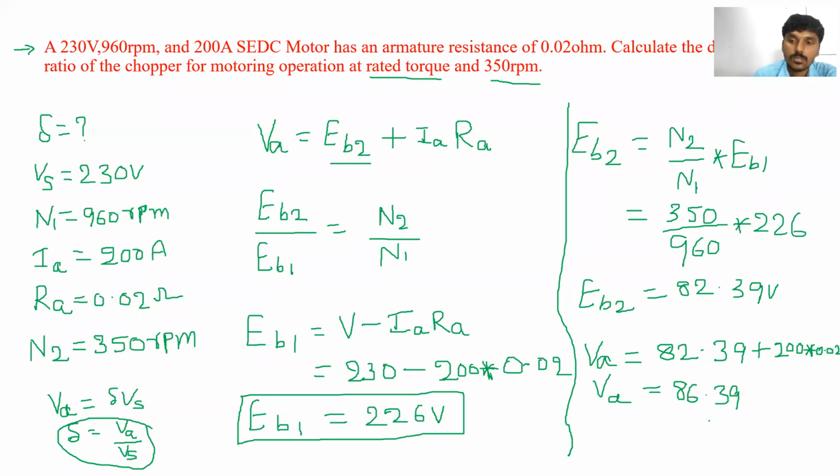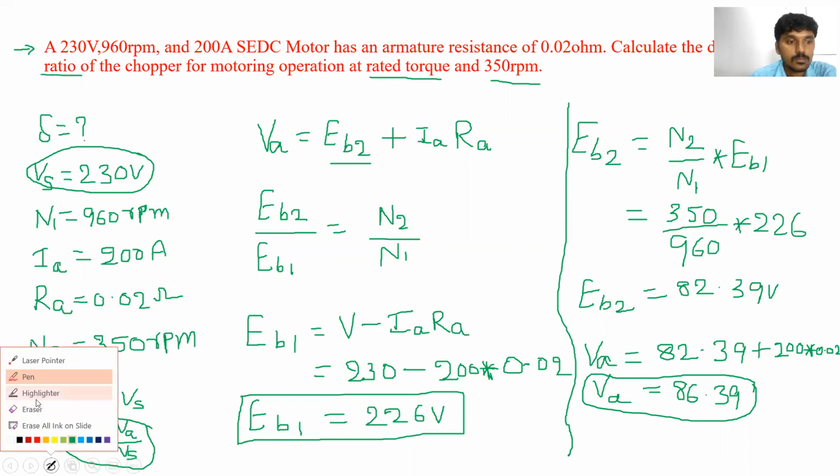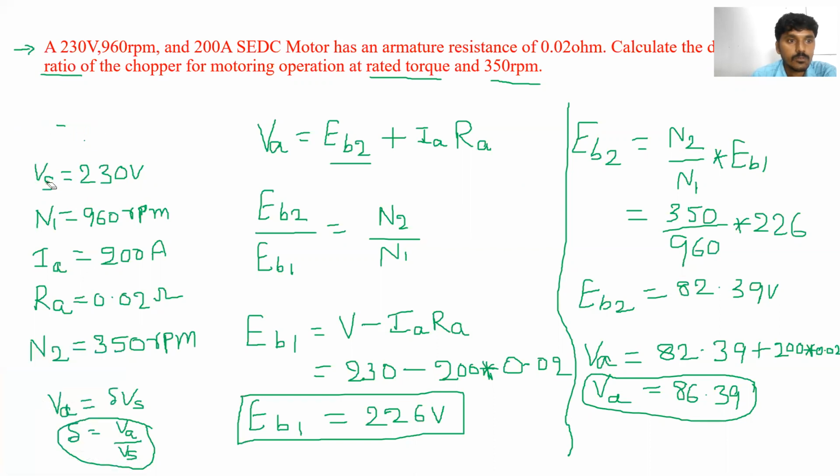Now we know the value of VA and the value of VS, so we can easily find out the chopper duty ratio.